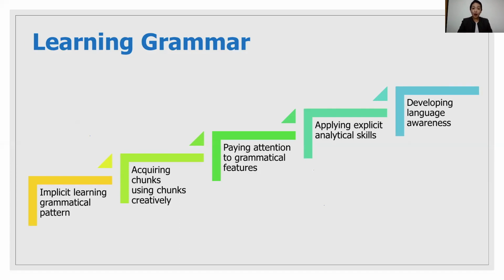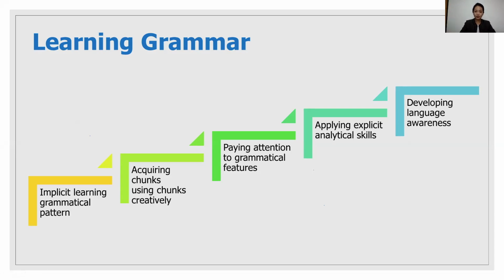With very young children, initial learning of a grammar pattern is implicit. It means that they learn grammar in chunks, or language in songs, rhymes, and stories, to develop a sense of language. Then they begin to transfer the chunks creatively into new contexts.